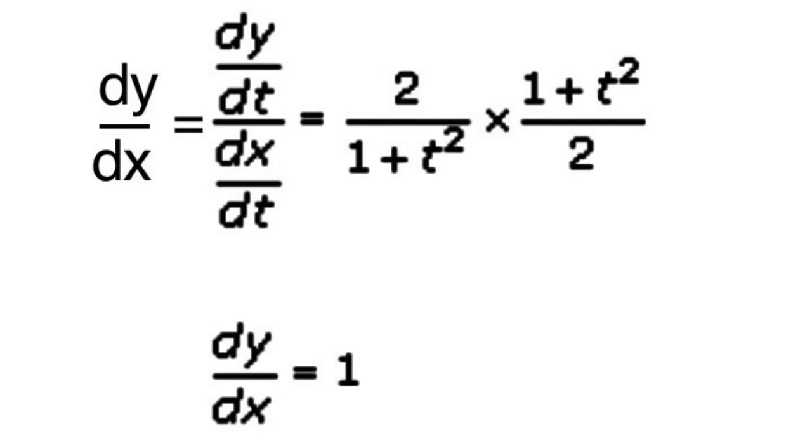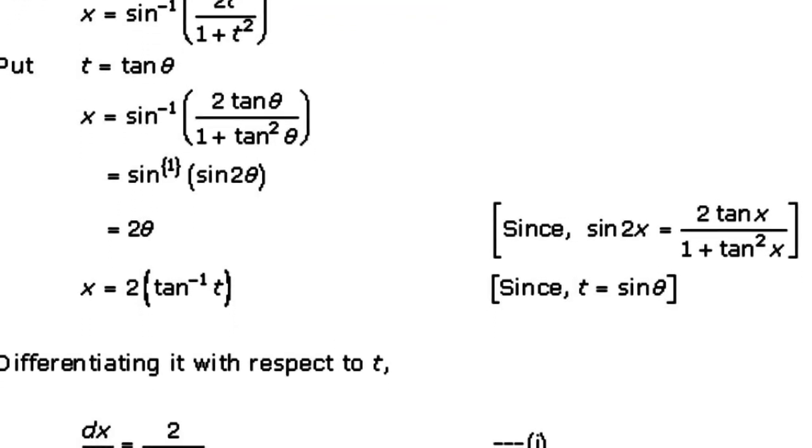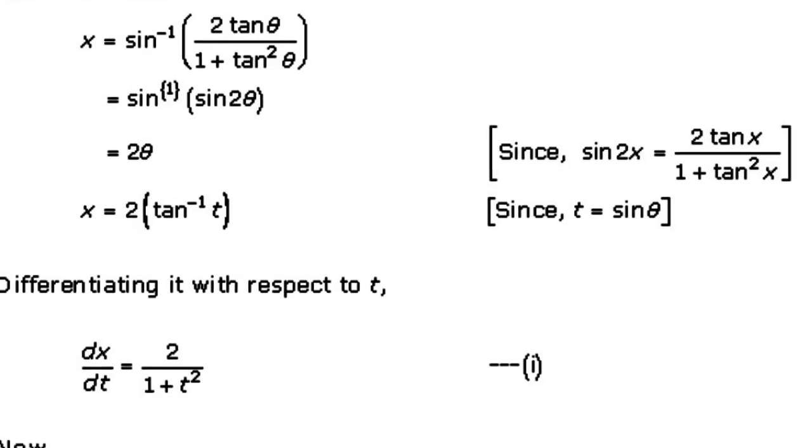So if we change division to multiplication, the denominator gets reversed. So we will get 2 upon 1 plus t square into 1 plus t square upon 2. So 2 will get cancelled and 1 plus t square and 1 plus t square will get cancelled. So dy upon dx equals 1. So let's go through this solution once again.